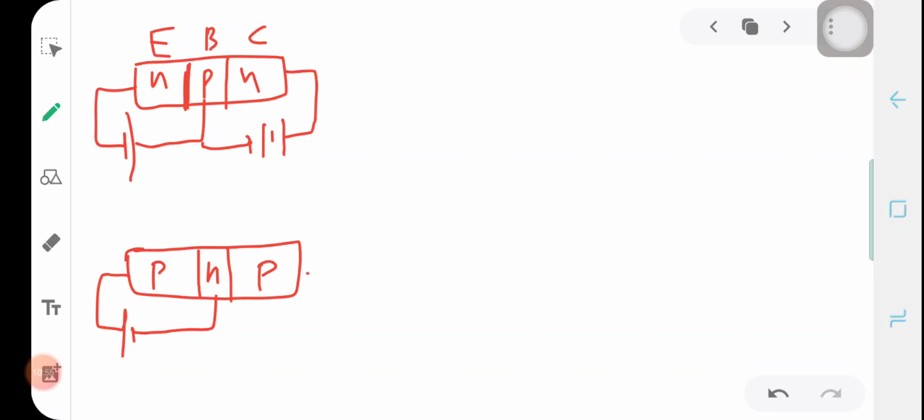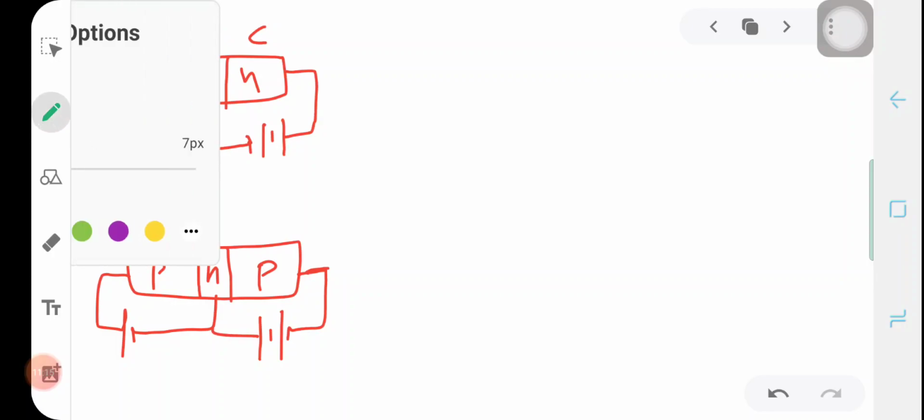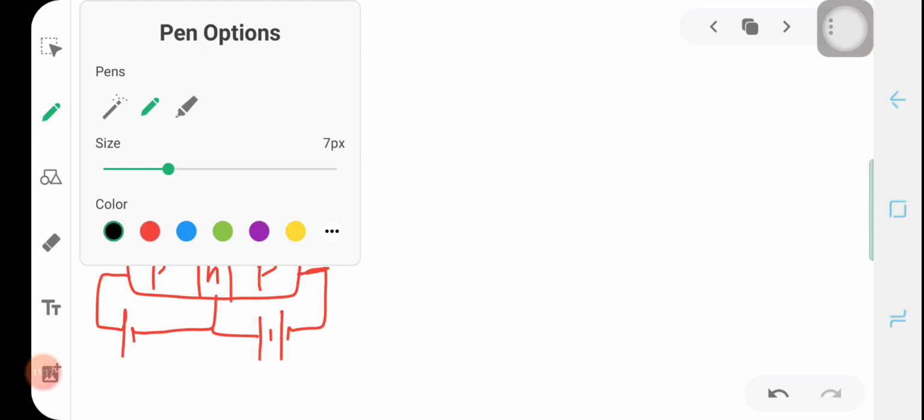And since the collector is a P region, it has to be reverse biased. In order to make it reverse biased, it should be connected to the negative terminal of the battery, and the positive terminal is connected to the base, so that the collector base junction is reverse biased. These are the general connections of a transistor.